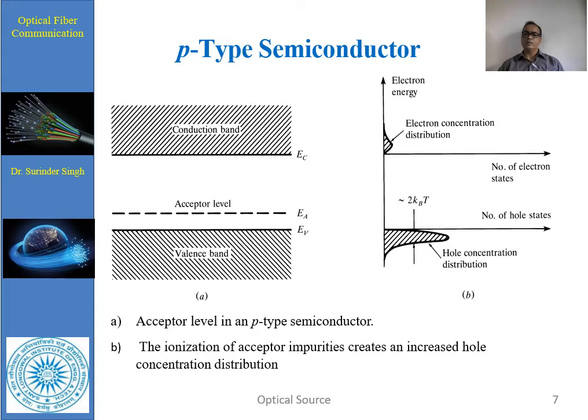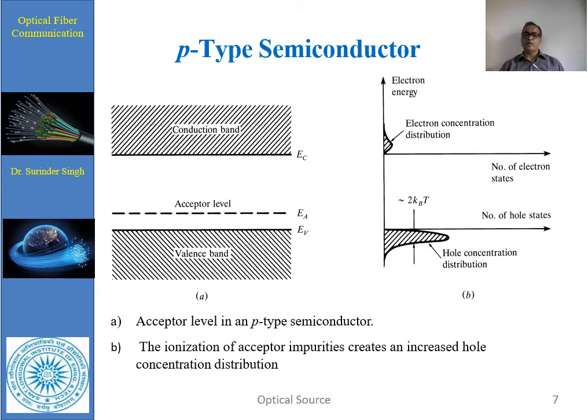So this gives rise to an unoccupied level just above the valence band, and conduction can occur when electrons are excited from the valence band.